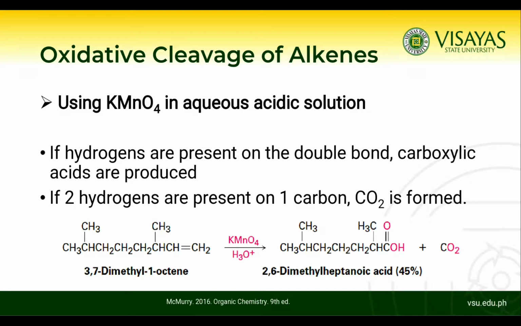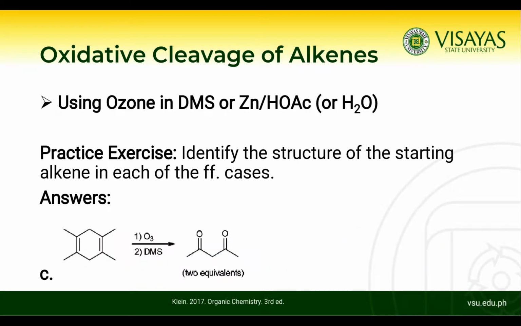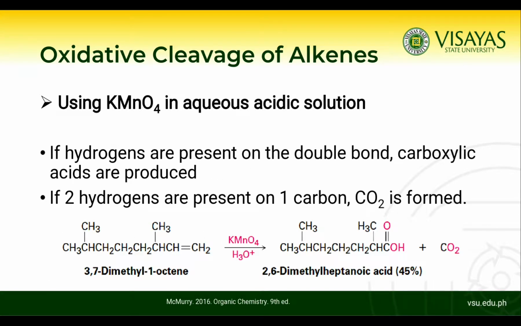Okay, the second way sa oxidative cleavage is using potassium permanganate in aqueous acidic solution. Okay, when we have tetra-substituted na carbon-carbon double bond, we form katong ketone nga products. But in this case, diba, sa katong ozone, kung natay hydrogens nga present sa atong carbon double bond, mag-form tag-aldehyde.